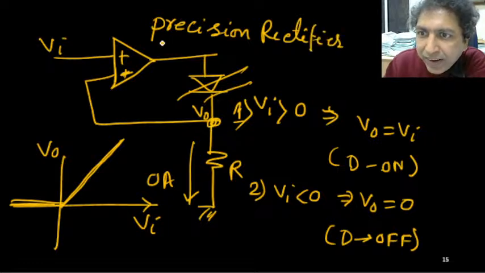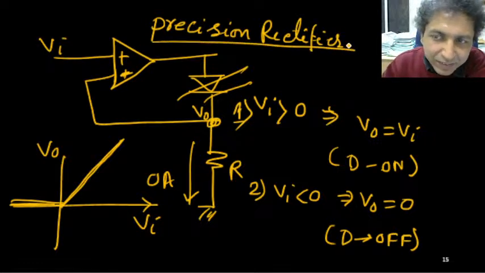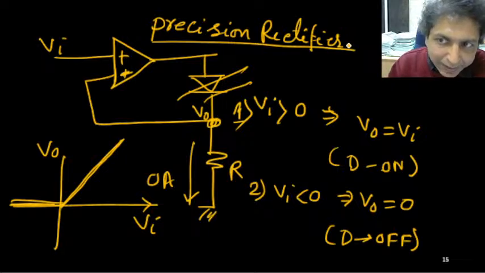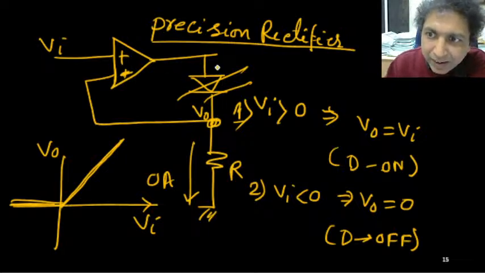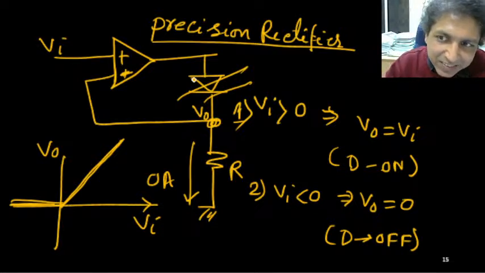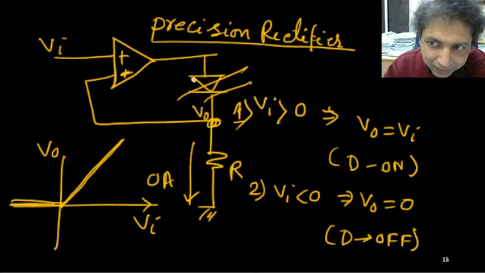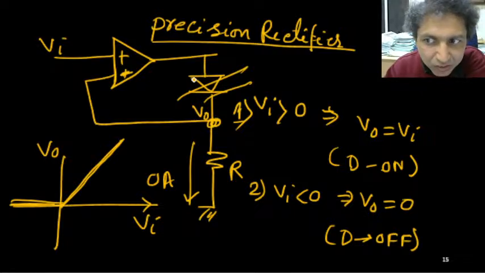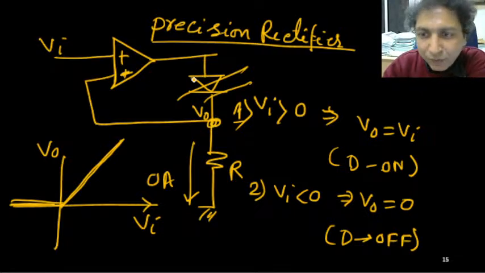Why? It is very precise. Even if you use a practical diode, silicon, whose potential is about 0.7 volt, or even if it has certain resistance also, it doesn't matter. The output voltage is the same as the input voltage for the positive half, and the negative half it is absolutely 0. So you will get this kind of waveform.